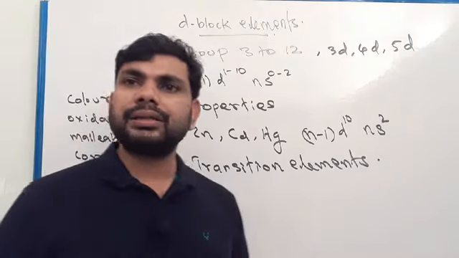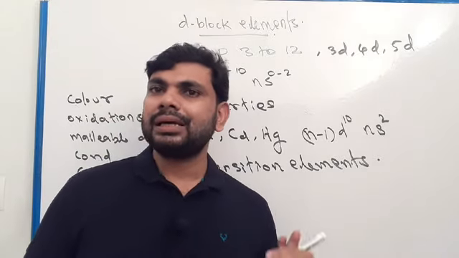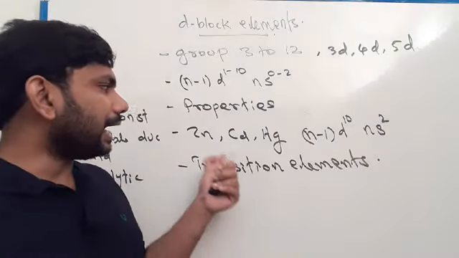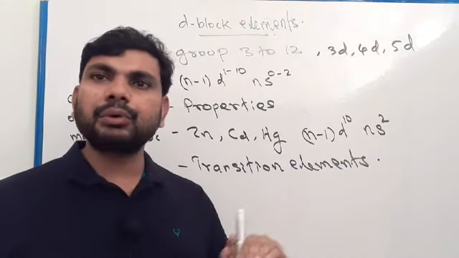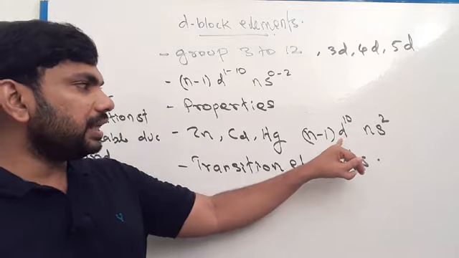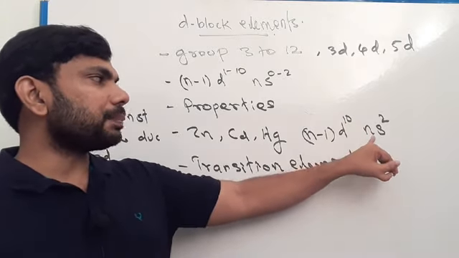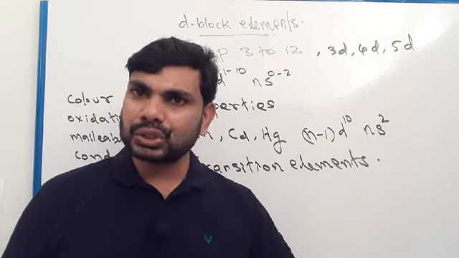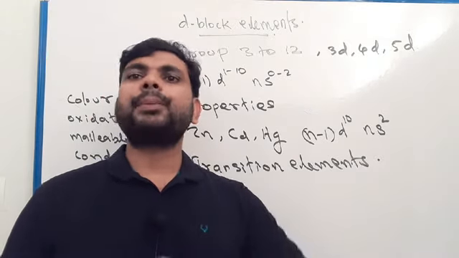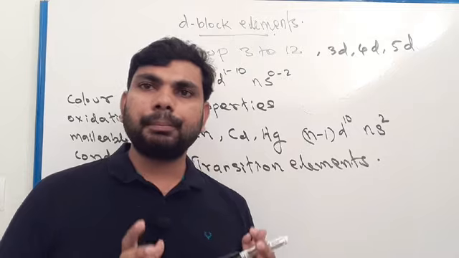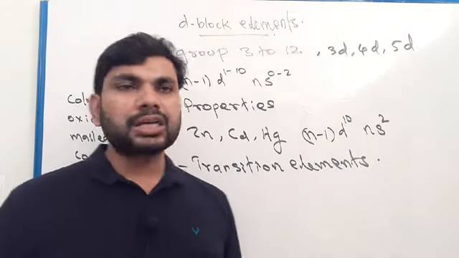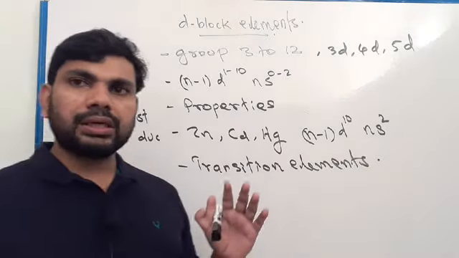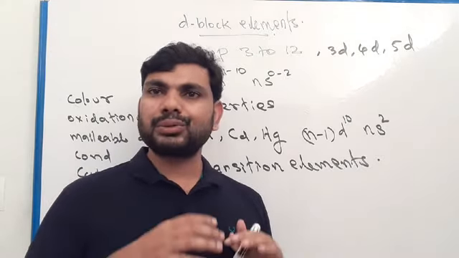They do not show the properties of D block elements because they have a complete outer shell electron configuration. Here in the d orbital there are 10 electrons, and in the s orbital there are 2 electrons. Zinc, cadmium, mercury are in the D block, but they are not showing the properties of D block elements because they have a complete electronic configuration. So these are the things we have to understand about D block elements.